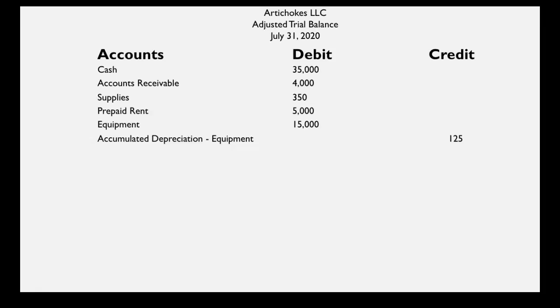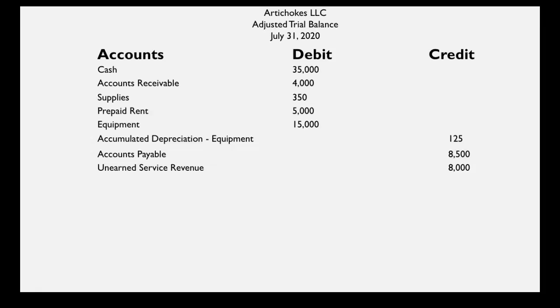So after our accumulated depreciation, we can start listing out our liabilities. So accounts payable wasn't affected, so it still has a credit balance of $8,500. After accounts payable is unearned service revenue. So if you remember, unearned service revenue was affected in our fourth adjusting entry, right?